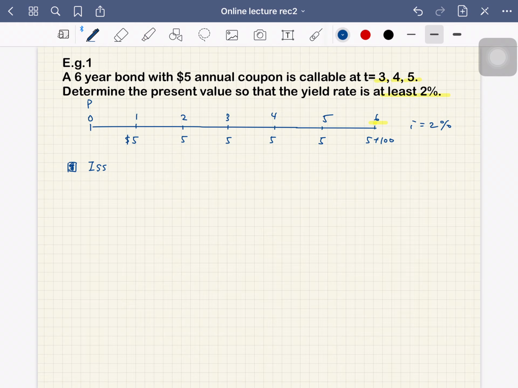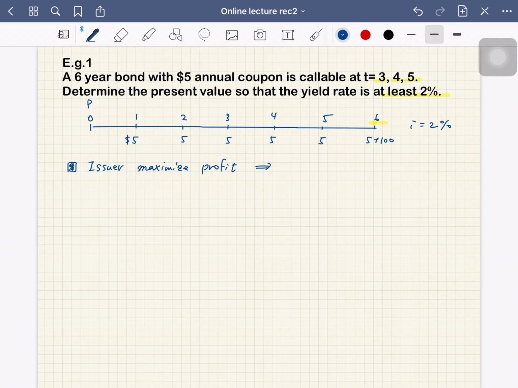So we want to compare those prices, and we have to choose the lowest one because the issuer wants to maximize the profit. So that means the issuer chooses the least valuable option for the buyer. So P should be the minimum of these 4 choices. So it's most beneficial for issuer, least beneficial for a buyer.